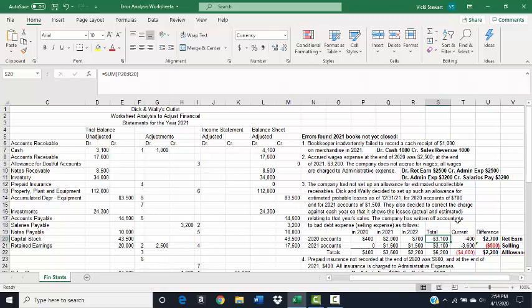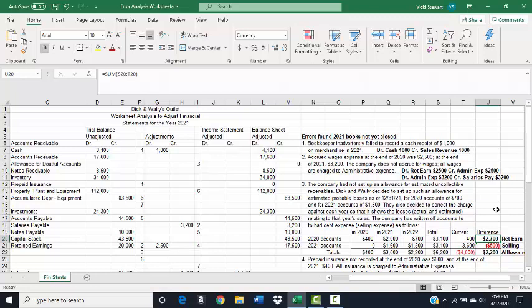The only amount that was actually debited to selling expense correctly was that $400 that we actually did do in 2020. So the net amount, $2,700, would need to be debited to retained earnings, and that will correct retained earnings for that error for 2020.